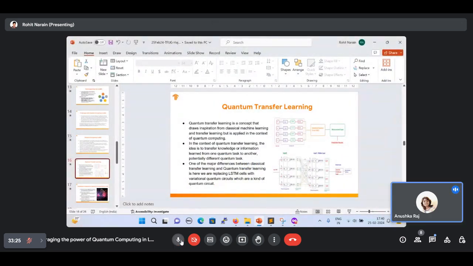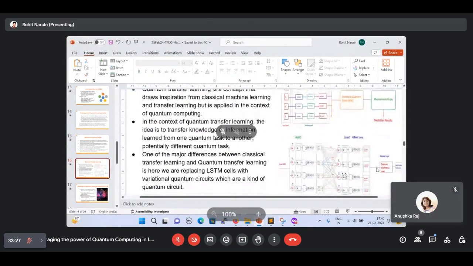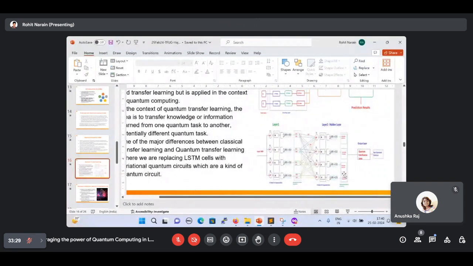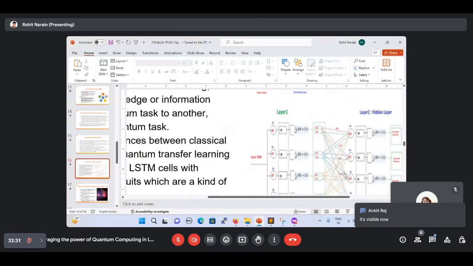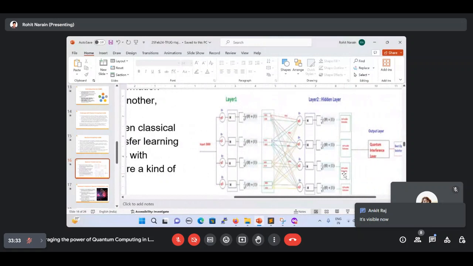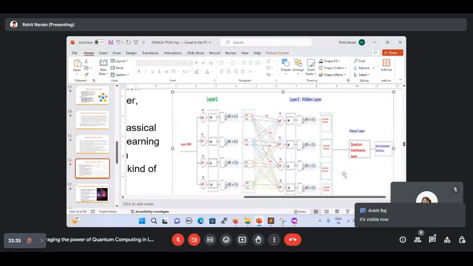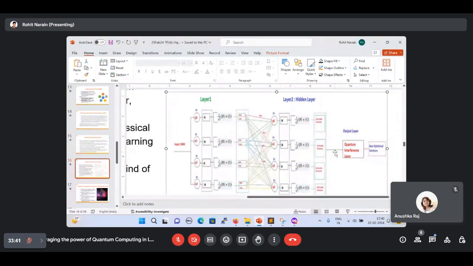Okay, so I was explaining this architecture to you, the major difference between quantum transfer learning and normal classical transfer learning. As you can see in this architecture, after passing the outcome from the hidden layers, each qubit is able to give me 16 possible outcomes.